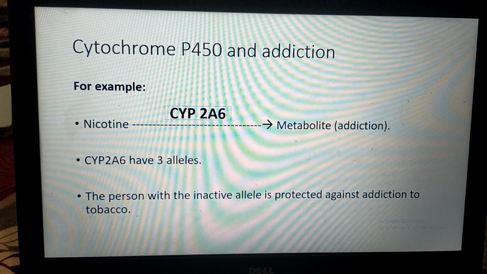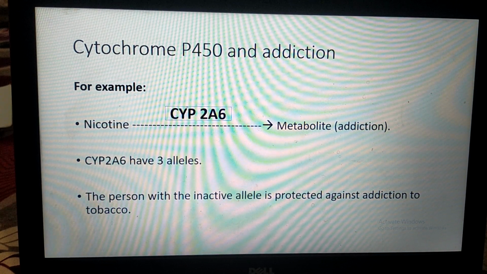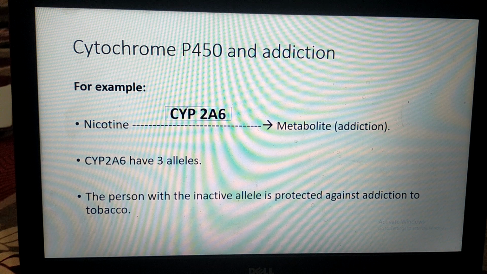Now one most interesting example of cytochrome P450 is the CYP2A6 enzyme. This enzyme is responsible for conversion of nicotine into a metabolite, and that metabolite is responsible for addiction towards nicotine.